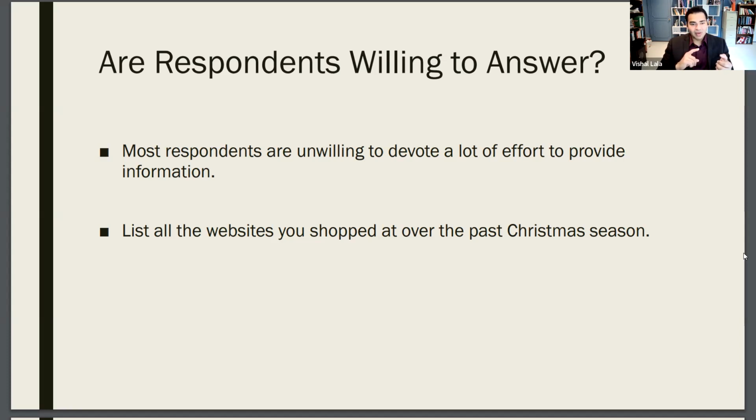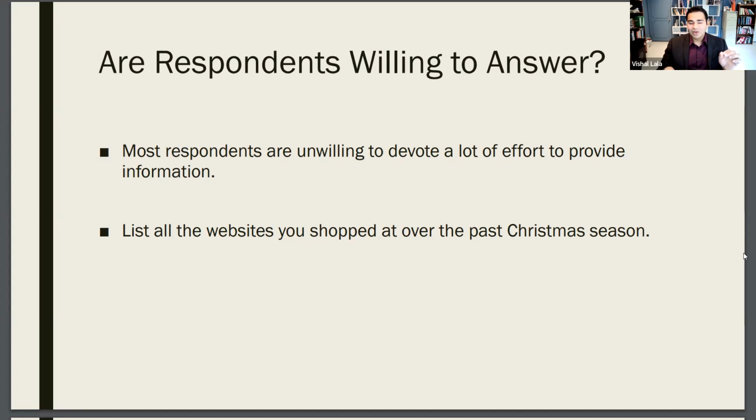This requires both a cognitive effort, the thinking part, and then the typing effort, the physical effort of keep punching in all the websites they shopped at. This is not a good question to ask. Most respondents are just not going to want to spend that much effort.